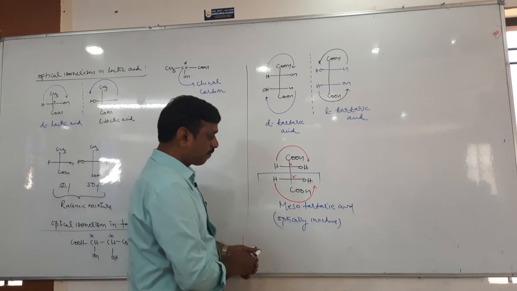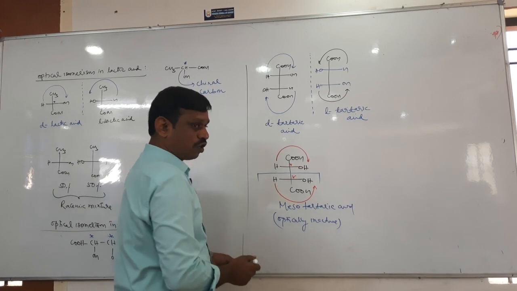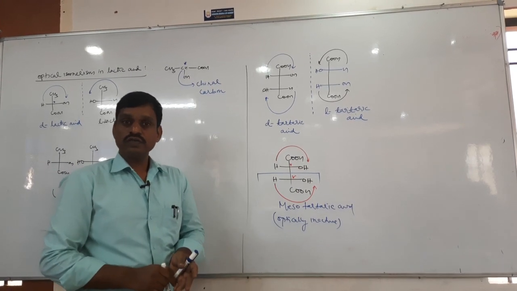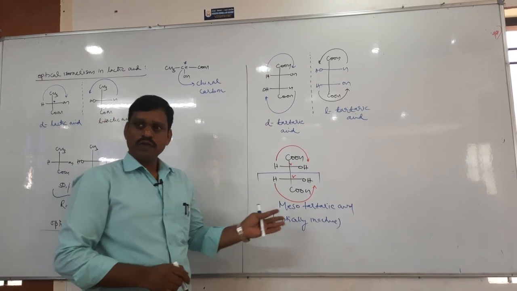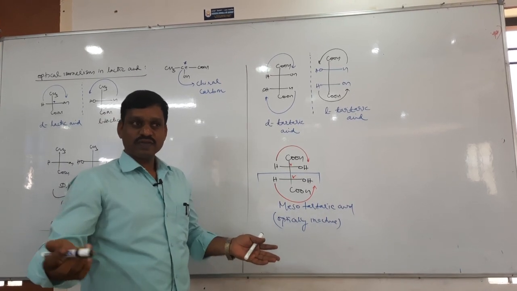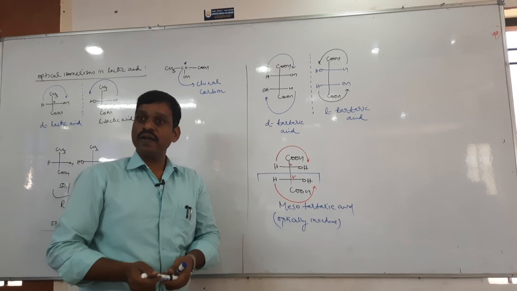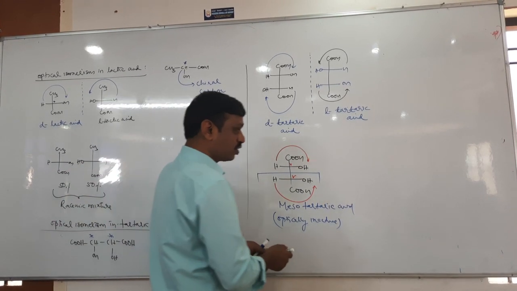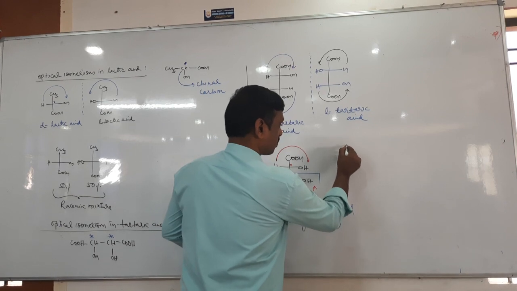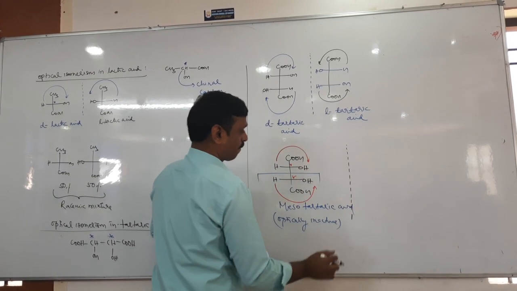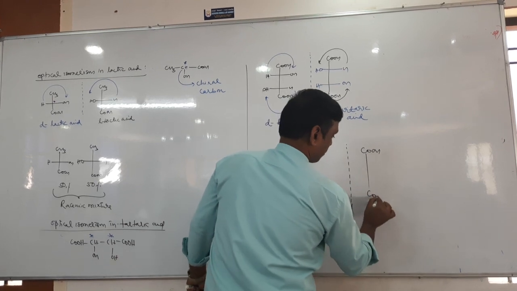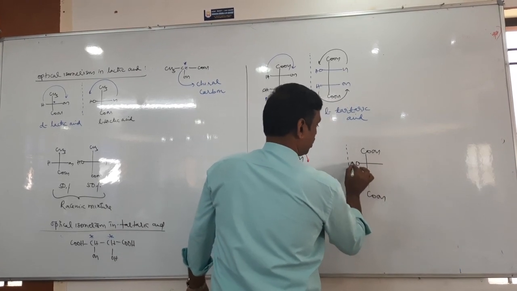Last point. Now this is a meso compound. Can you write its mirror image? You can write a mirror image for any molecule, no? You can take the mirror image of anything. Nothing wrong in taking it. Okay, so what is the mirror image of this? This is it.